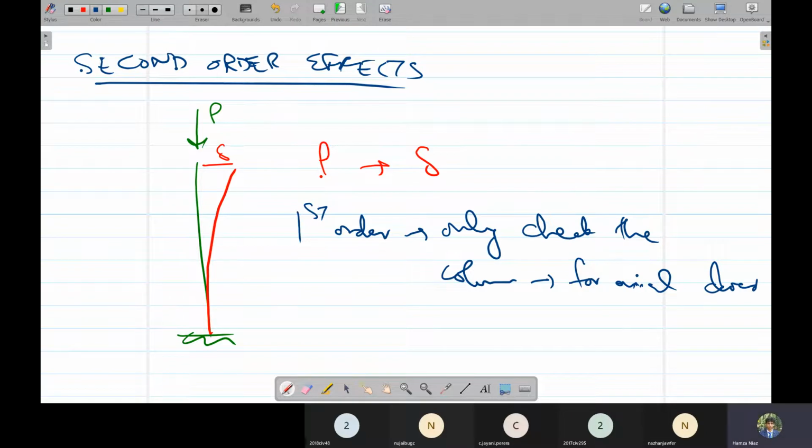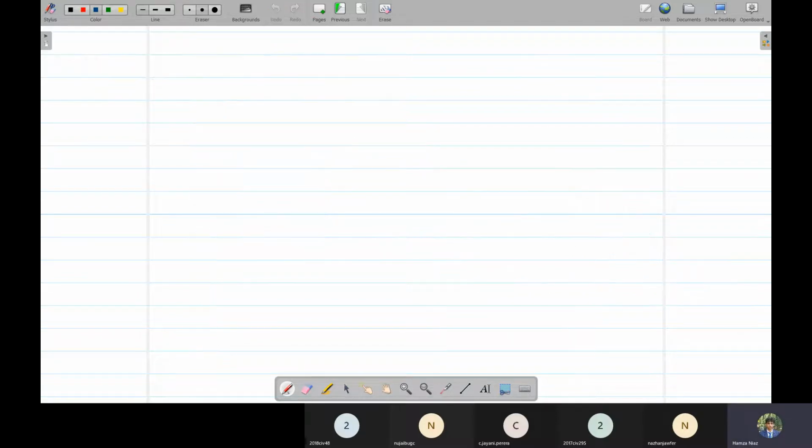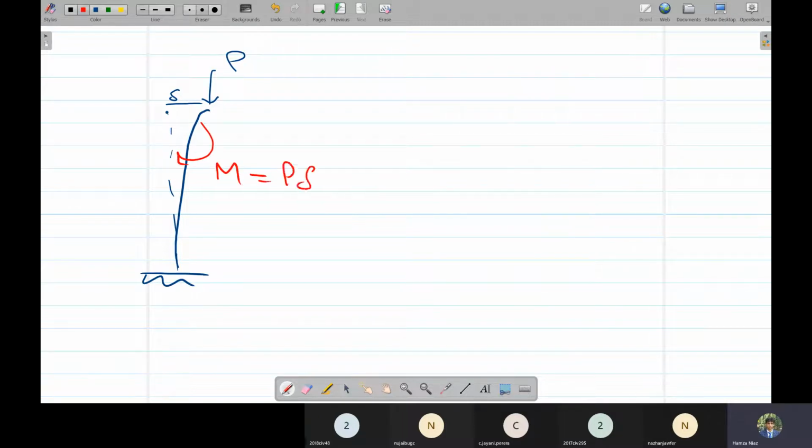But for second order effect, for example, this load causes a deflection delta. In a real scenario, suppose this column has deflected by an amount delta from its original position. The load is now acting at some eccentricity from the original position, so this load would cause a bending moment that would be P times delta. This is called second order effect.